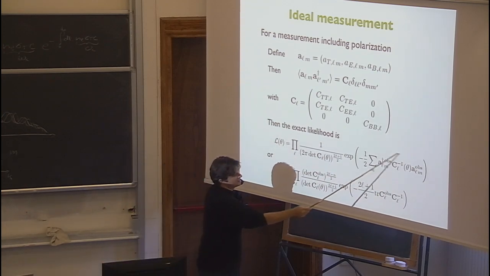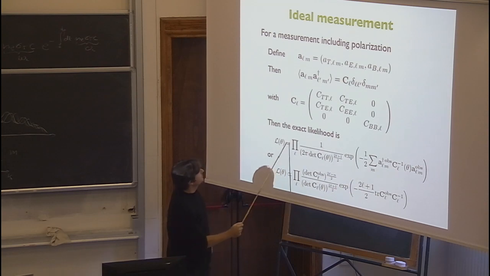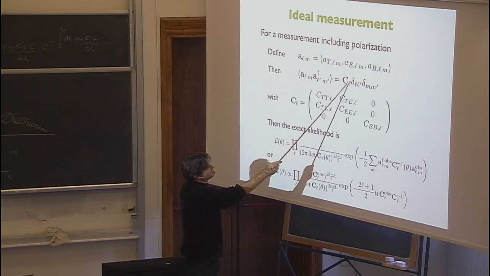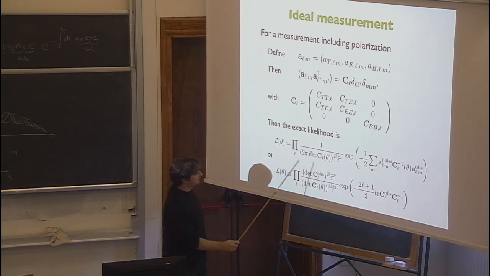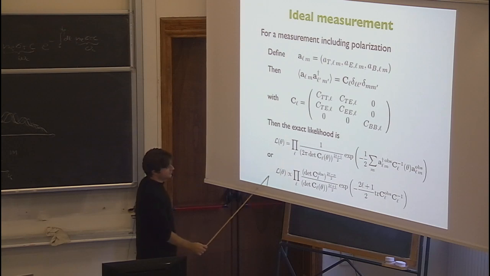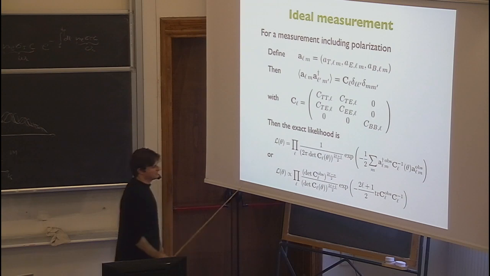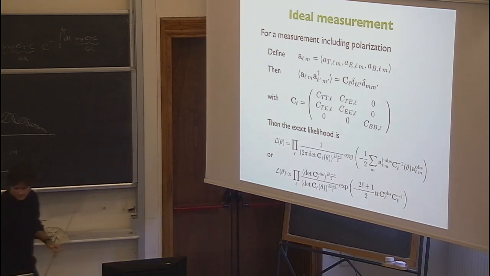So this is the thing that when you compute these correlators, just gives you back the matrix of the CLs. So that's the probability distribution. Or if you trade it in for the CLs, it looks like this. So this again is just a change of variables that you can do.